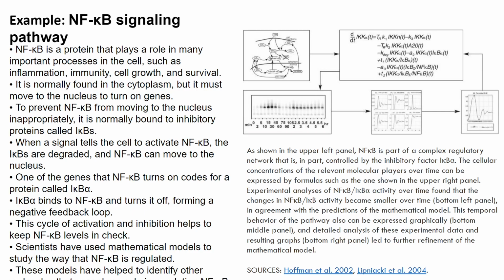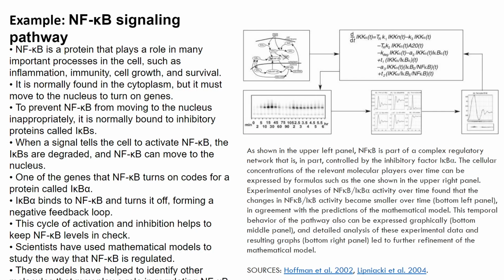Now, to prevent NF kappa B from moving into the nucleus inappropriately, it is often bound to inhibitory proteins like I kappa B. When you have to move across the nuclear membrane or nuclear envelope, you need to be of a particular size, or else you will not be able to get through the pores of the nuclear envelope.